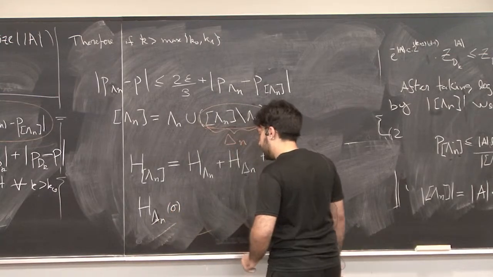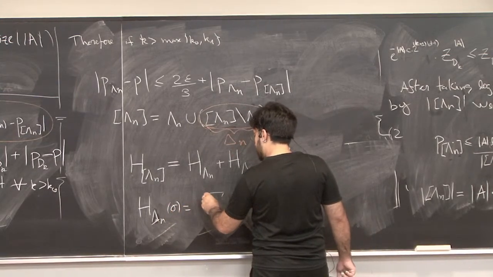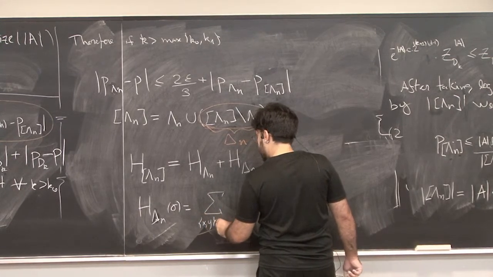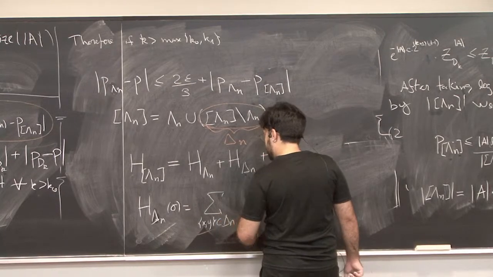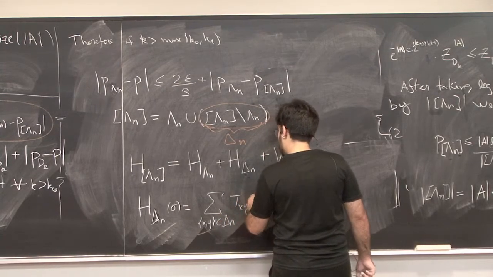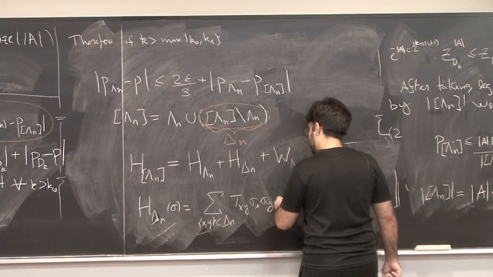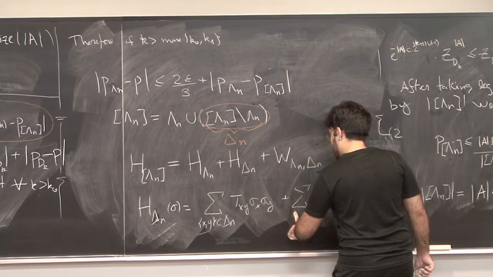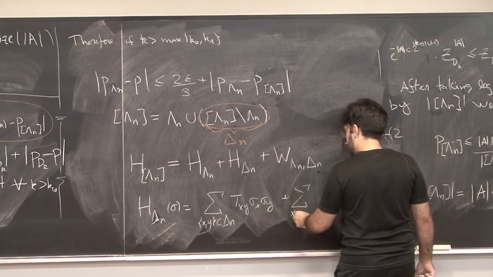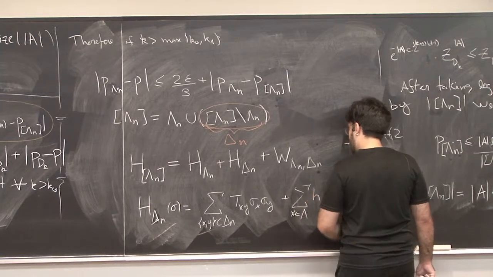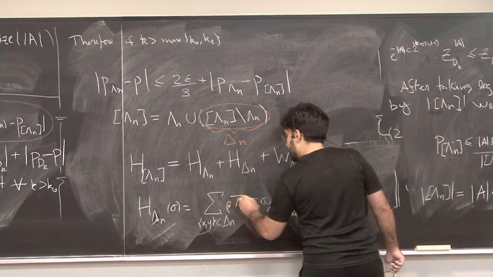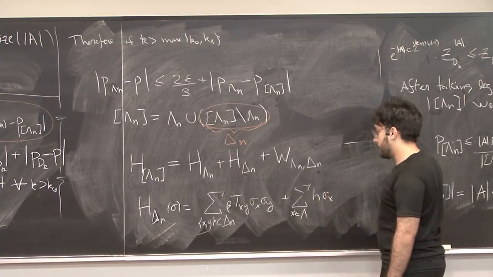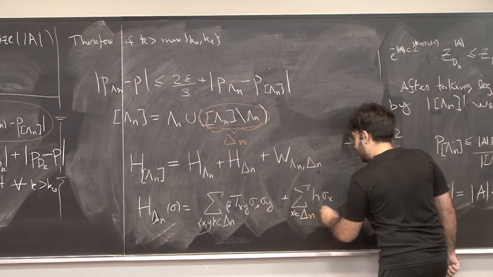What is this? This is the sum over x and y inside delta n, J_xy sigma x sigma y, plus the sum over x inside delta n, beta h sigma x.